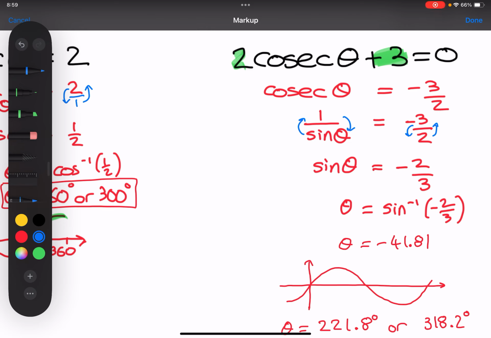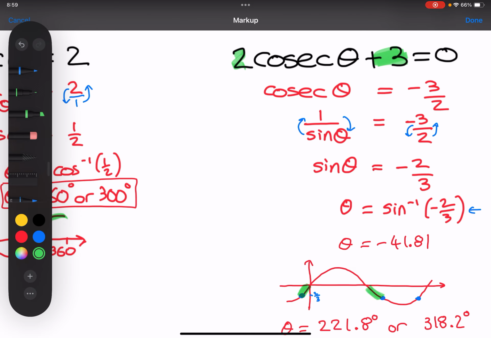I then do sine inverse of minus 2/3 to get the answer that's closest to 0, which was minus 41.81, because my minus 2/3 on the y-axis is here. So the calculator's given me this answer here, but I actually want these answers that are between 0 and 360. So, like I say, the calculator told me that this was minus 41.81.